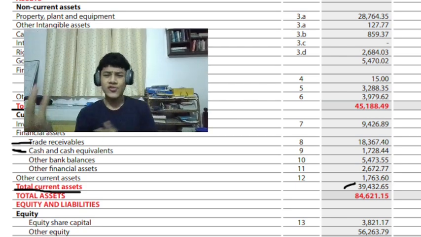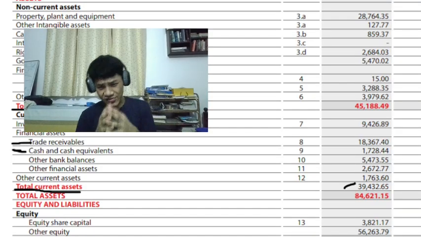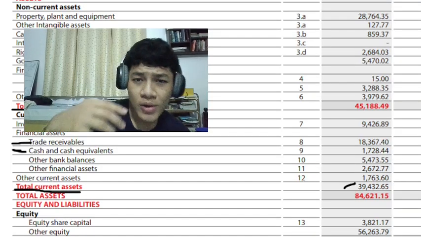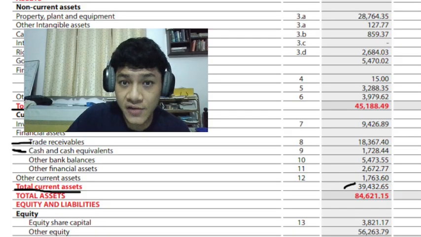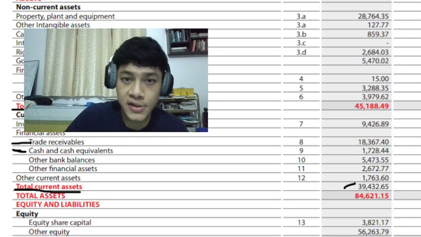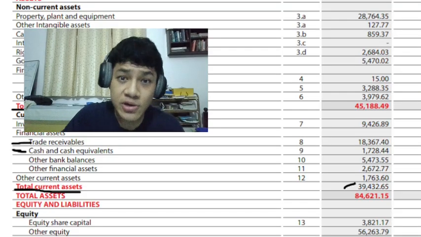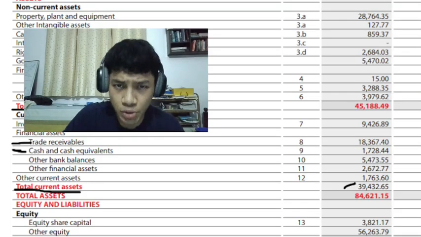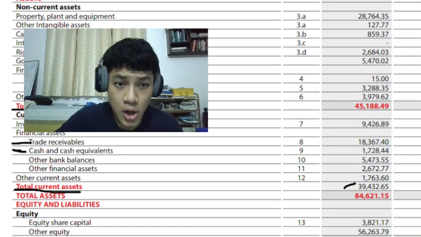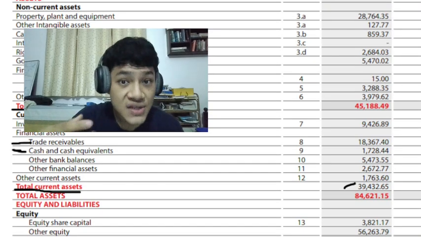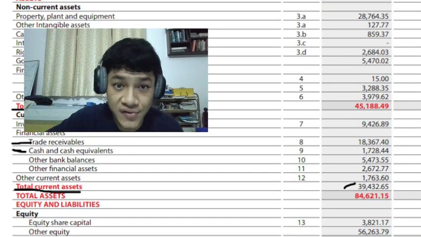If you're wondering what trade receivables are, basically many businesses, when they provide products to their customers, don't take payment right away. They will take payment after a fixed period of time, for 30 to 60 days. They give their products on credit and get the money back after 30 to 60 days. So the money that they're supposed to receive from their customers is trade receivables.